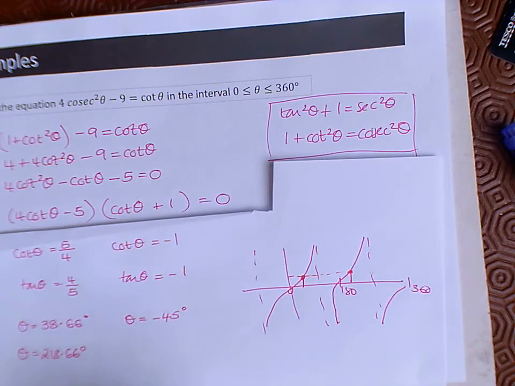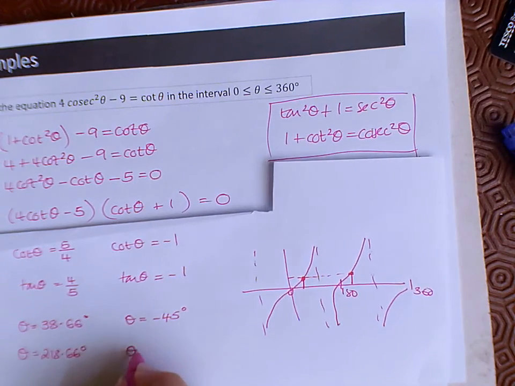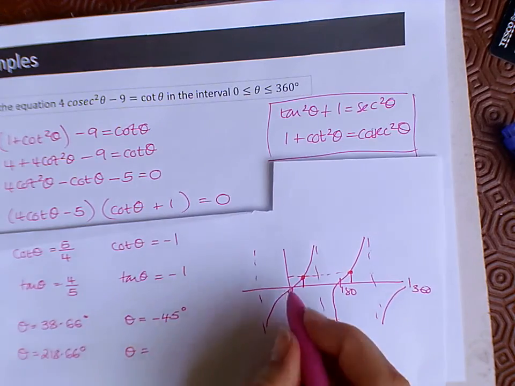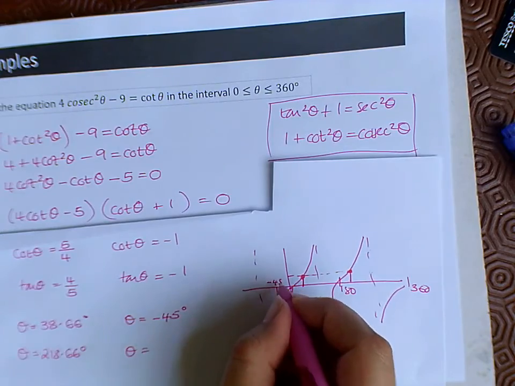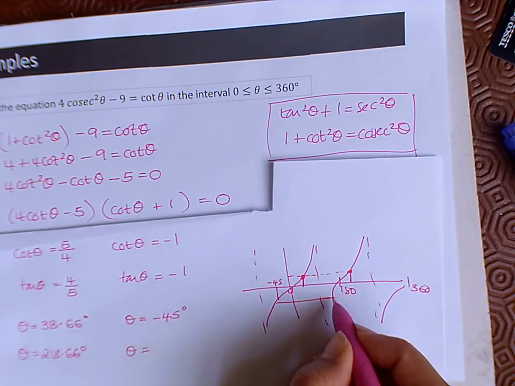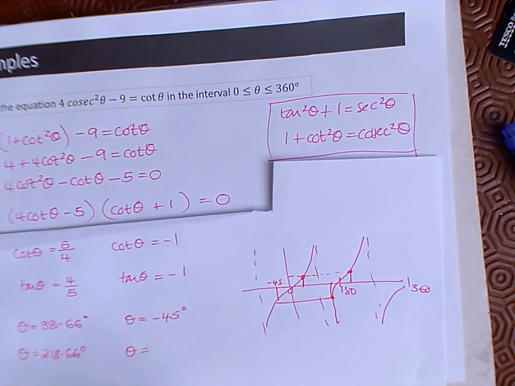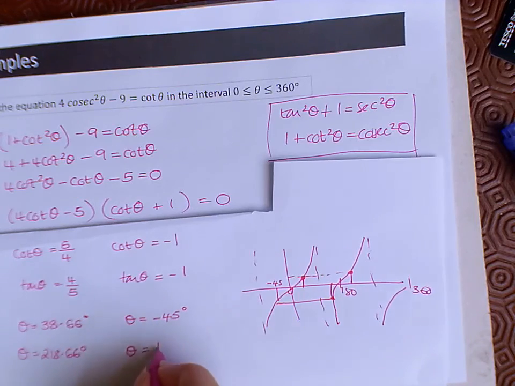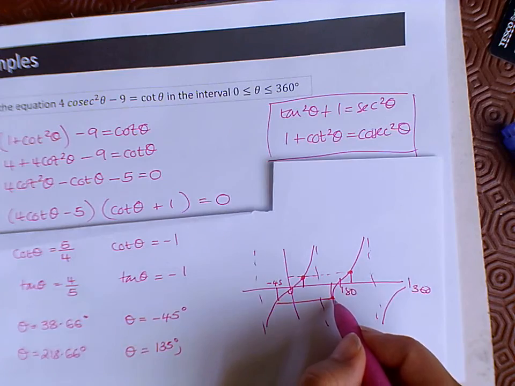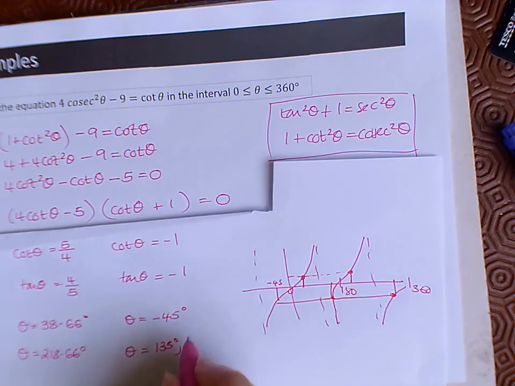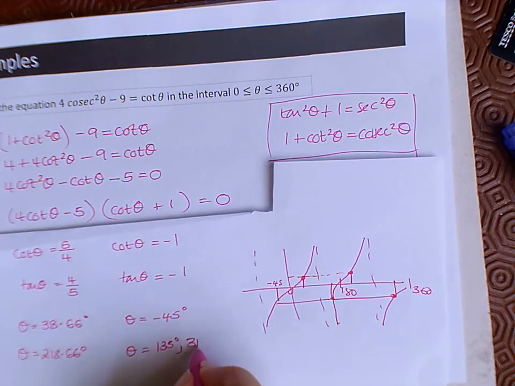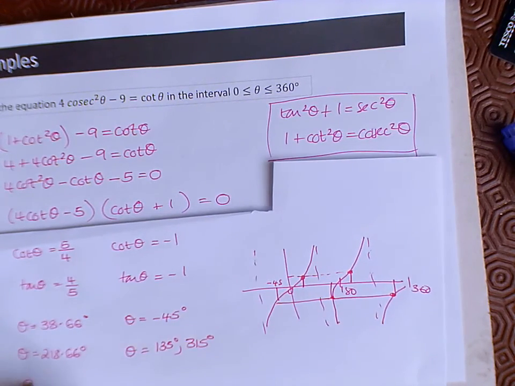And then here, well, we've got negative 45 degrees. It's between 0 and 360. So 180 on, that would be that point there, 135 degrees. And then 180 on again, that would be 315 degrees.